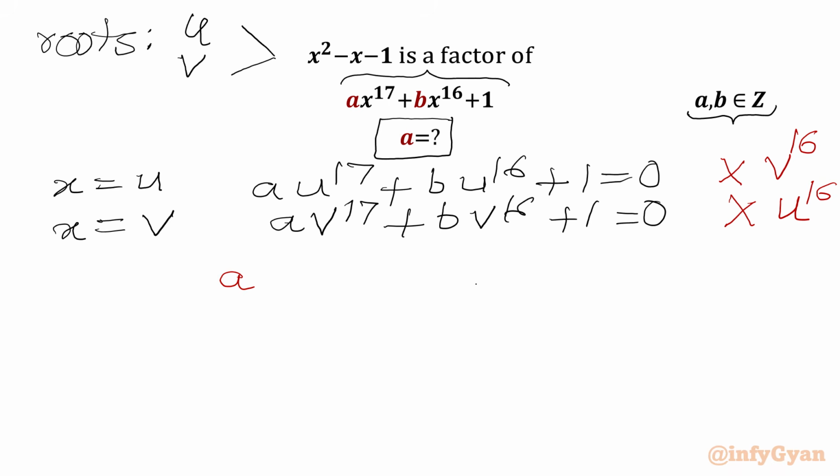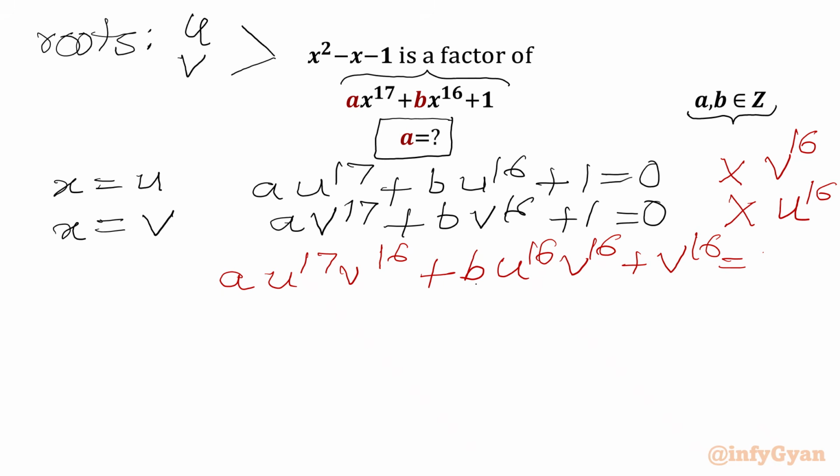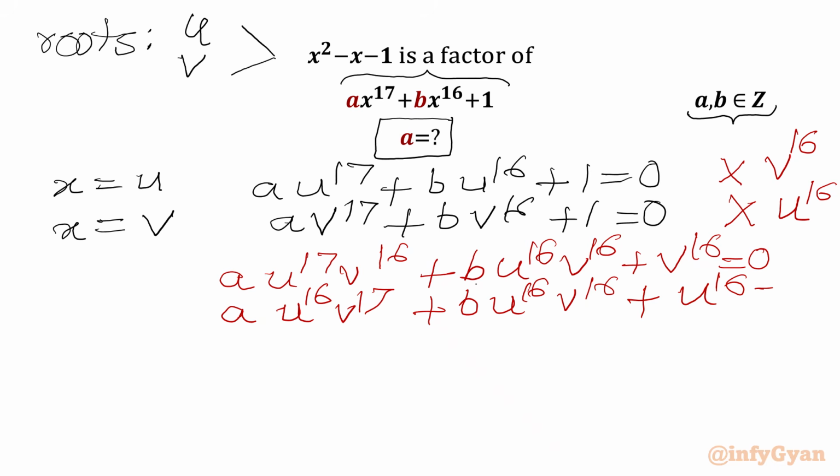We will get a·u¹⁷v¹⁶ + b·u¹⁶v¹⁶ + v¹⁶ = 0. And the second equation, a·u¹⁶v¹⁷ + b·u¹⁶v¹⁶ + u¹⁶ = 0.